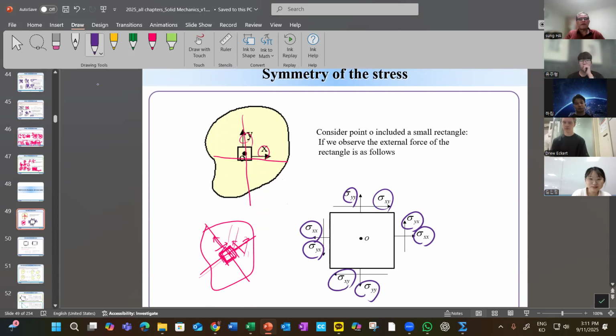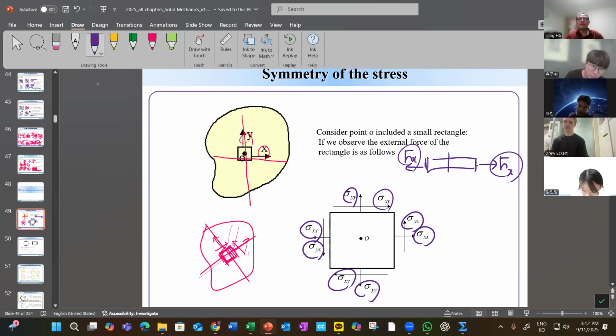Okay, a little bit confusing, but this is something like that. When you have an fx, you always need the fx in the opposite direction. This will be the same, right? So this is the equilibrium.